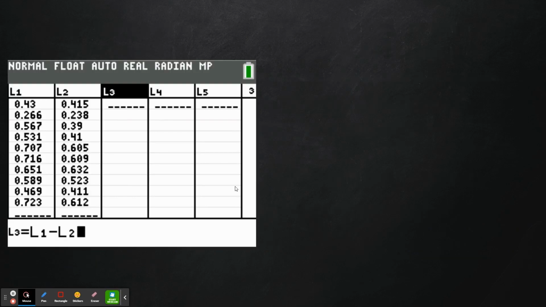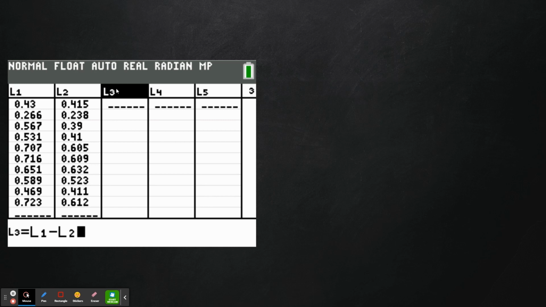So first off, we're going to put the data into list 1 and list 2 in our calculators, just like we normally would for a difference of two independent means. But here, since we're paired, after we have list 1 and list 2, we can highlight L3 and type in there L1 minus L2.